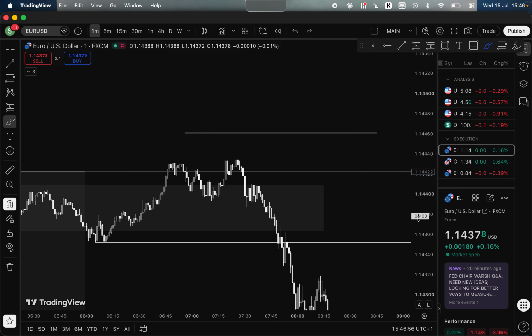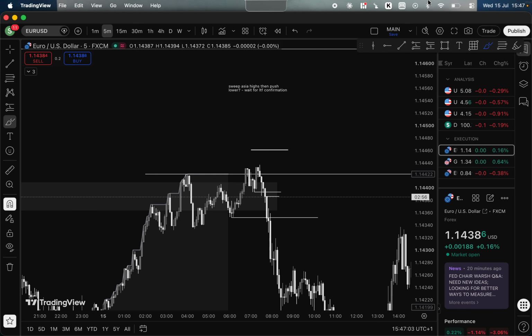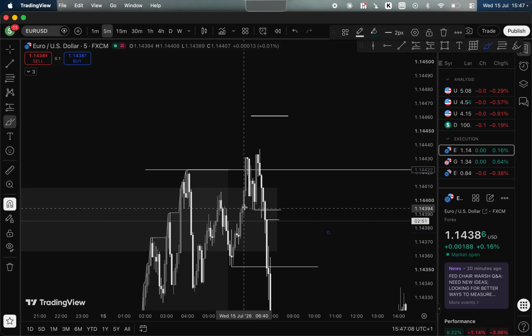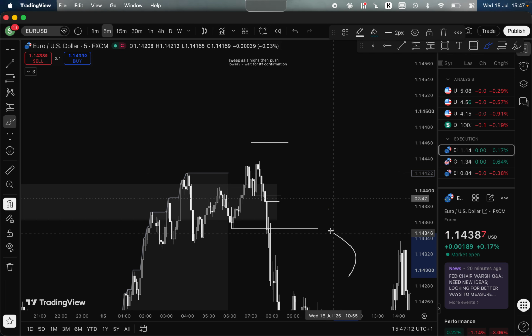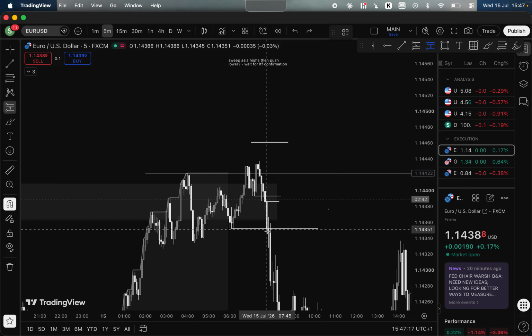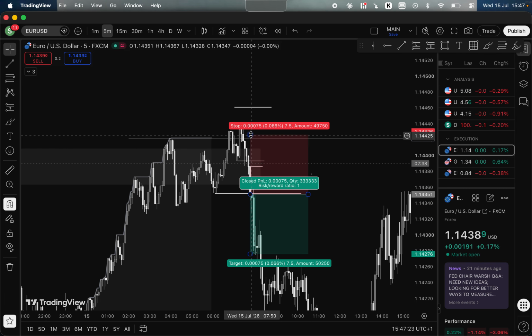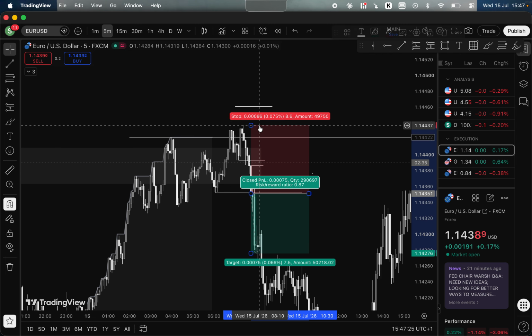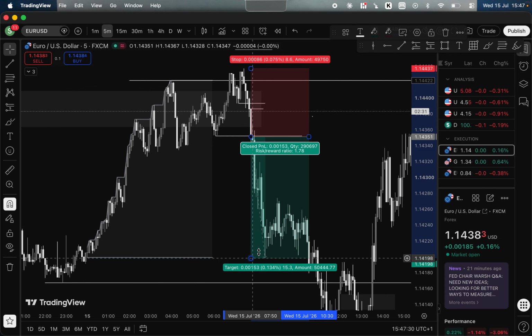But I think for now, the 1 minute needs to be utilised. Or maybe just entering off the breaks. Even if I did enter here, just off the closure below that low, I'm still hitting nice R. That's still decent.